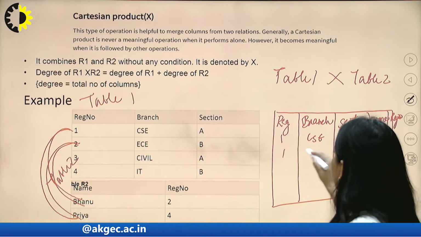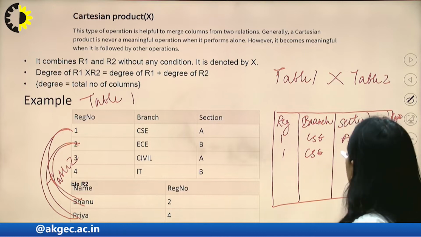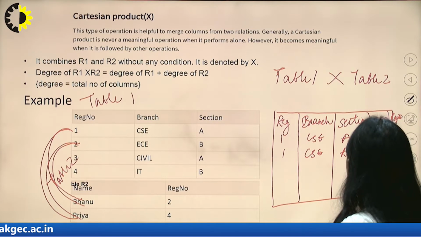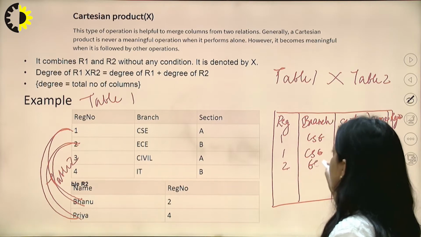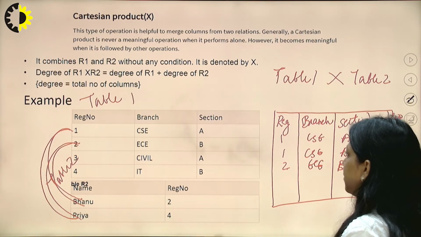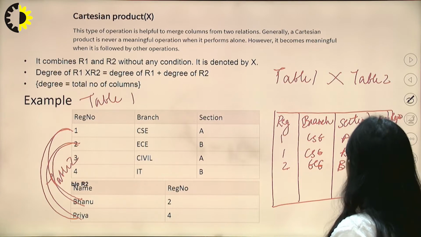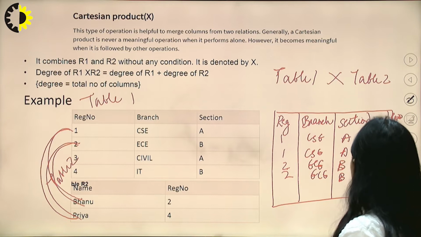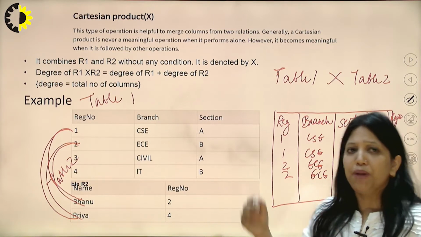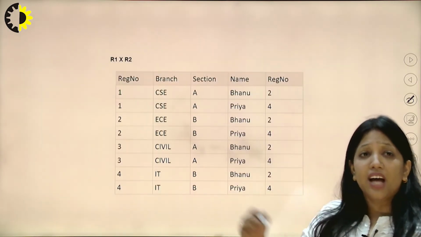Then again 1, CSC, A, Priya and 4. Then the second row, that is 2, ECE, B, Bhanu, 2. Then 2, ECE, B, Priya, 4. In this way, we multiply one row with the other rows and at the output we get this.